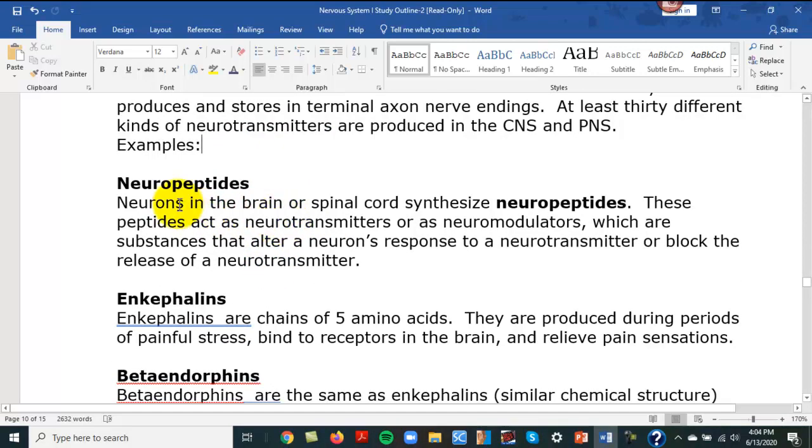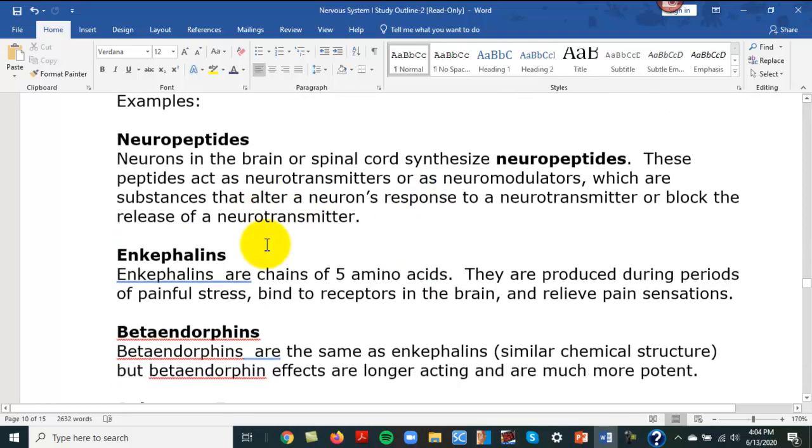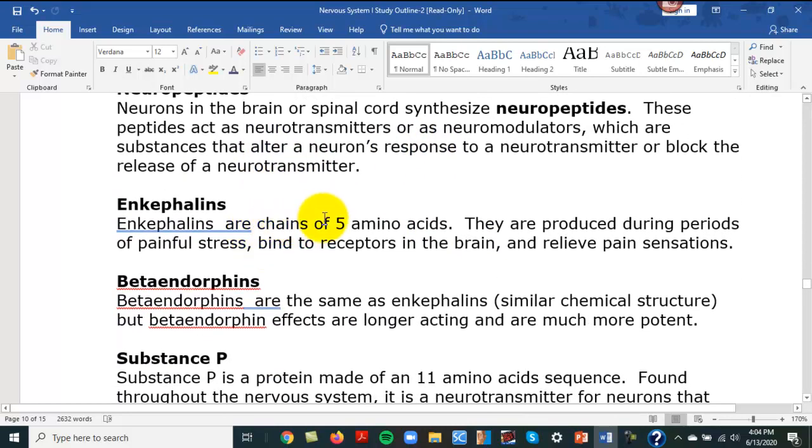Neuropeptides, if you're following along in your outline, are biochemicals that are produced in times of stress or pain. You have two categories. Enkephalins and beta endorphins are pain relieving biochemicals.